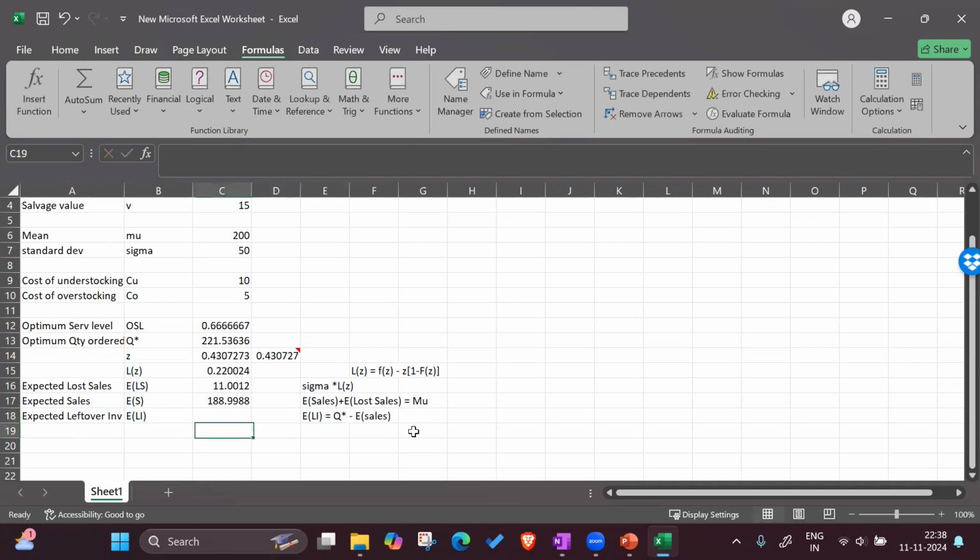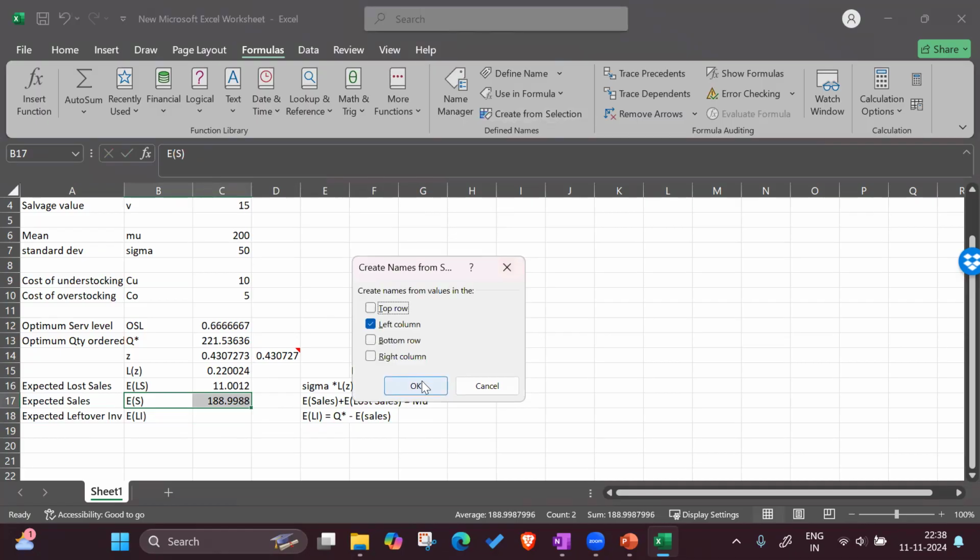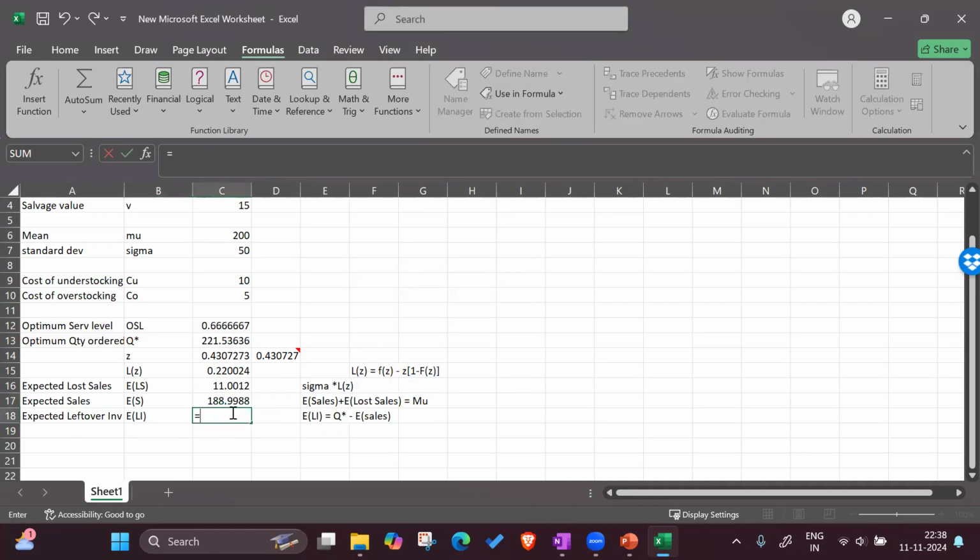So this is what we know. I'm going to use the expected sales value which I have over here. Let's say the leftover inventory is Q star minus expected sales. So that is going to be 32.